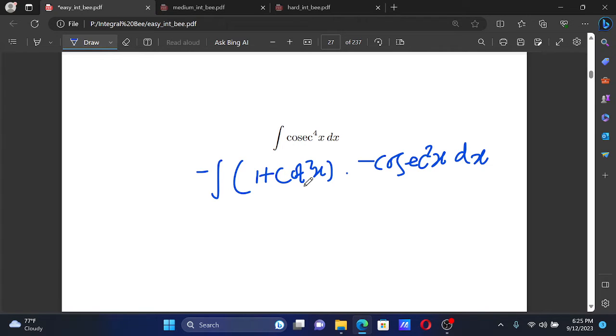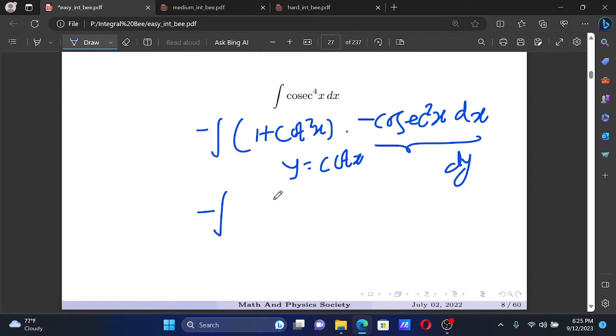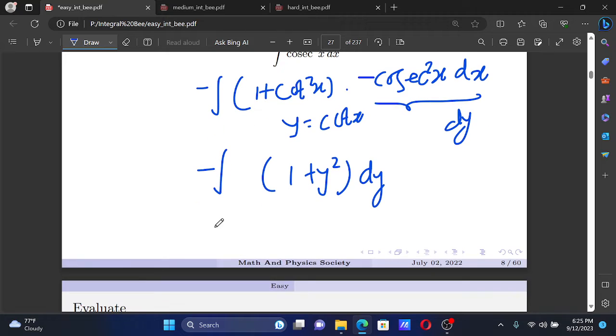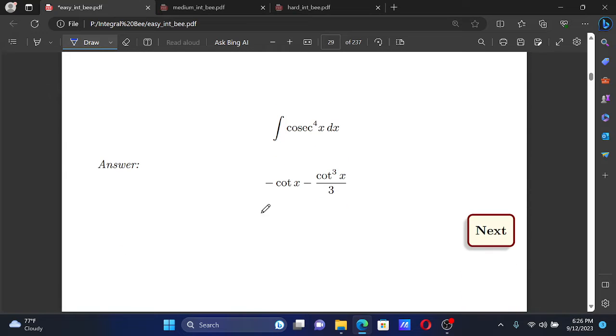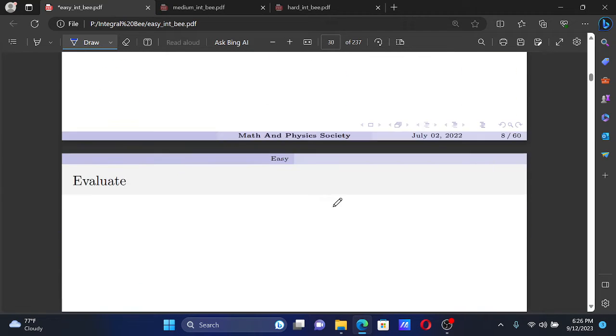Now we can just let cot x be y, and then this will be dy. So it's minus of 1 plus y square times dy, so it's minus of y plus y cube by 3 plus c, and we can just replace y by cot x. We get the answer: minus cot x minus cot cube x by 3 plus c.